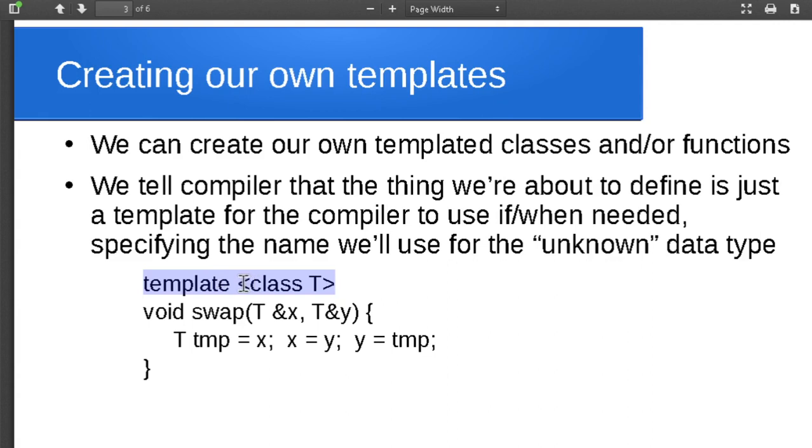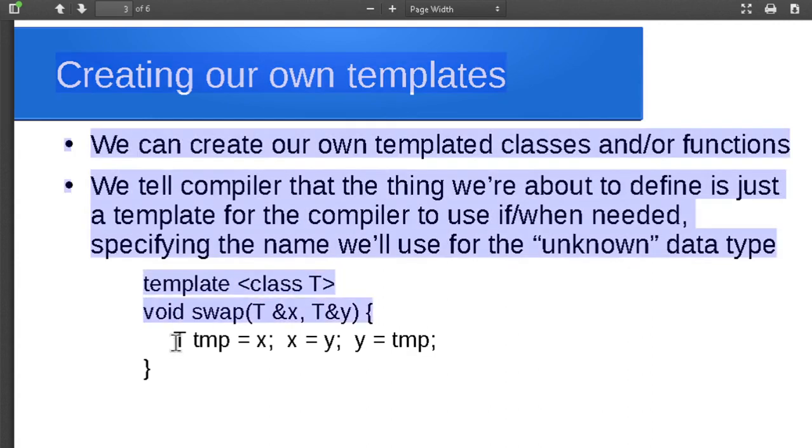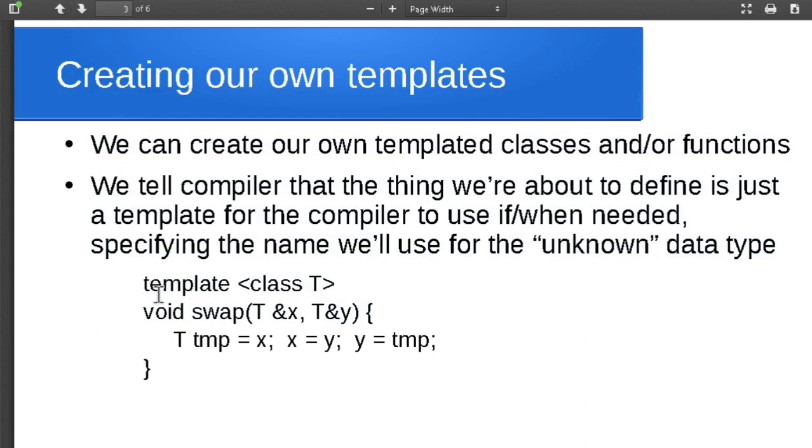We use the word template, and then T is going to be the name I use for my unknown data type, my abstract type if you like. There's a couple of keywords we can use in here. I'm going to use class, so template, and then in the angled brackets class, the name you want to use, and then you write the routine that you're interested in.